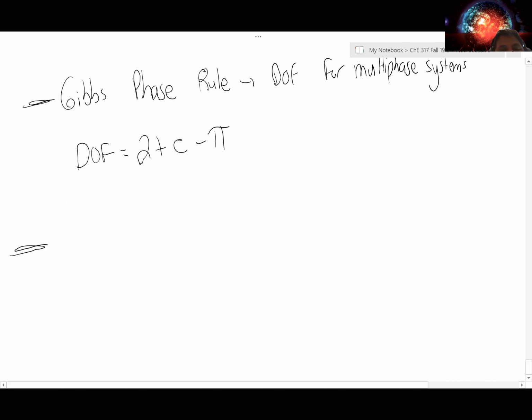The next thing we looked at was gas-liquid systems with one condensable component.